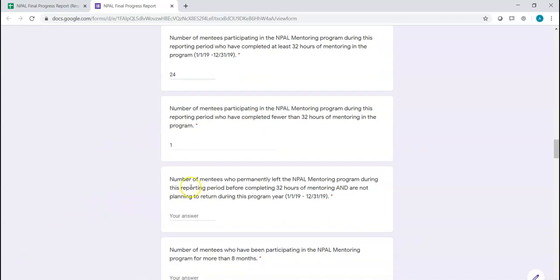And then this one here is kind of that catch-all if there's other youth: number of mentees who permanently left the NPAL mentoring program during this reporting period. So they left between July 1st and the end of this year, December 31st of 2019, before completing 32 hours of mentoring and are not planning to return.